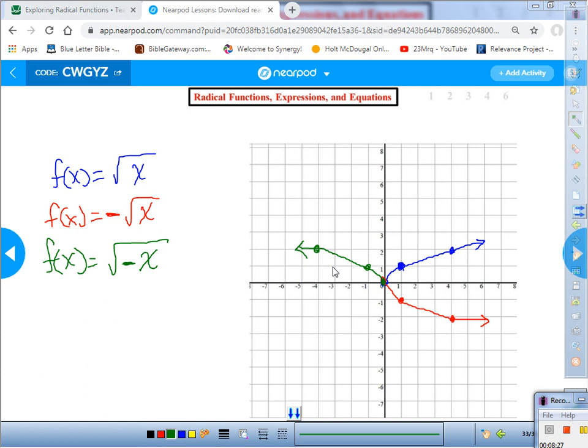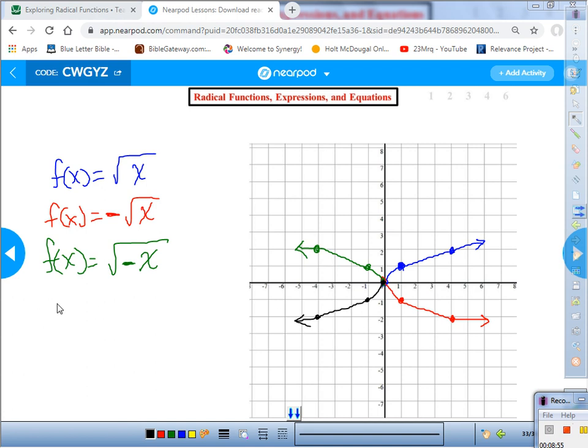All right. However, look up. Instead of writing one more function, I'm going to actually graph a new transformation. Here's my original. Look up, please. And I'm going to graph the new one. Graph it.